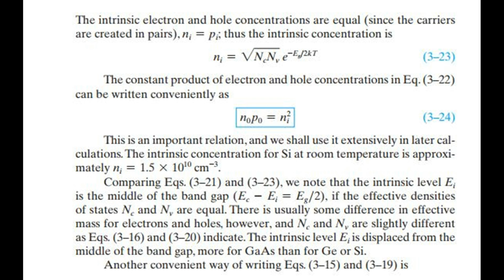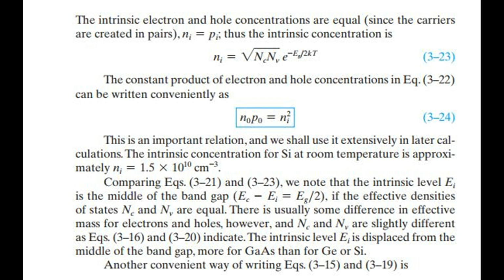Comparing EQs 3-21 and 3-23, we note that the intrinsic level EI is the middle of the band gap, EI equals Eg/2, if the effective densities of states Nc and Nv are equal. There is usually some difference in effective mass for electrons and holes, however, and Nc and Nv are slightly different, as EQs 3-16 and 3-20 indicate.